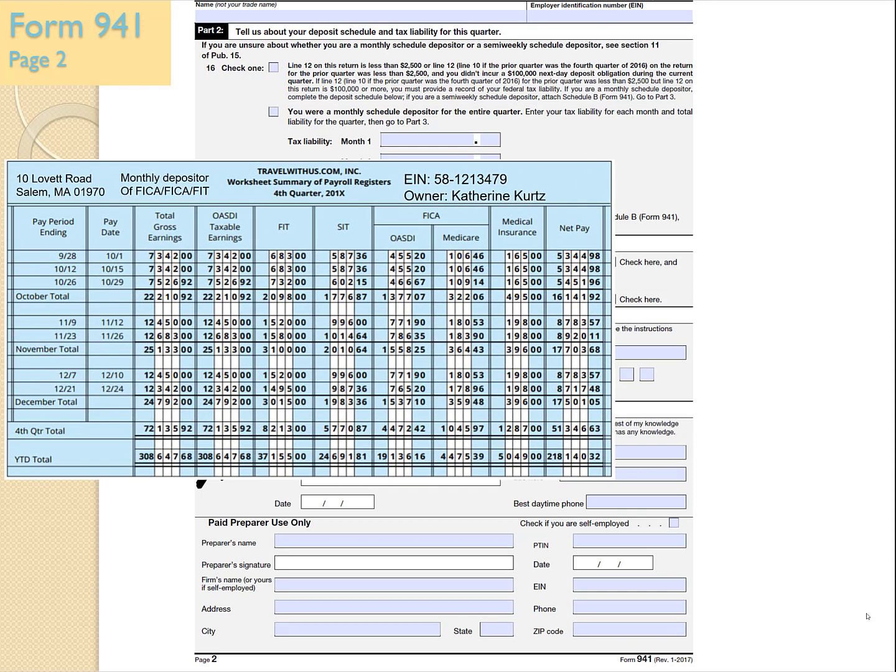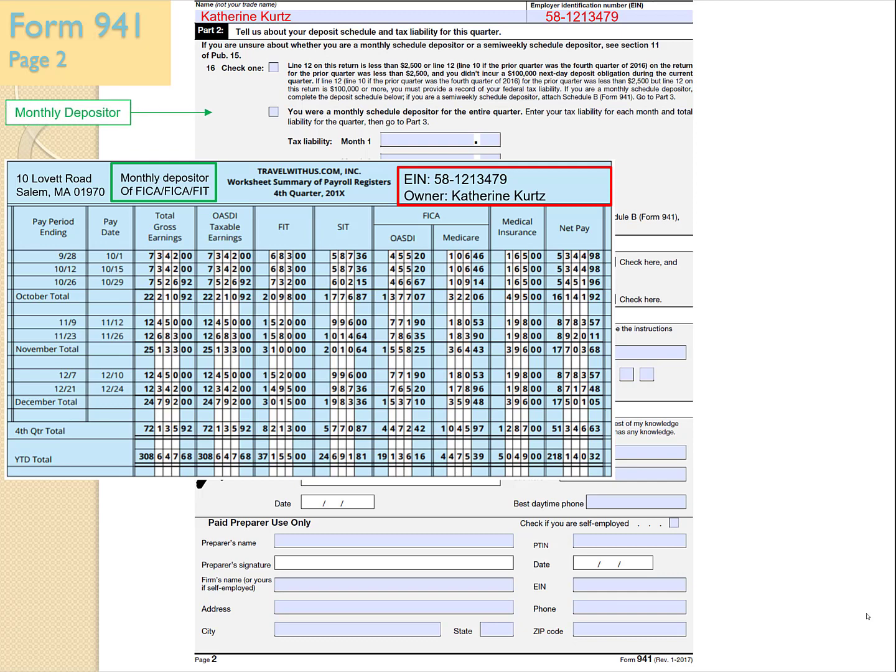So we're going to need our worksheet summary of payroll registers. And the first thing at the very top asks us for our name, not the trade name. So we're going to fill in Catherine Kurtz and then the EIN. Now notice it says we are a monthly depositor of FICA FIT.